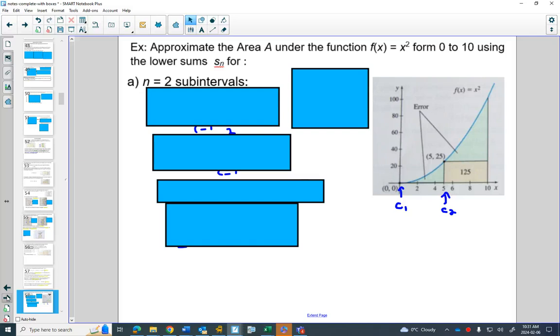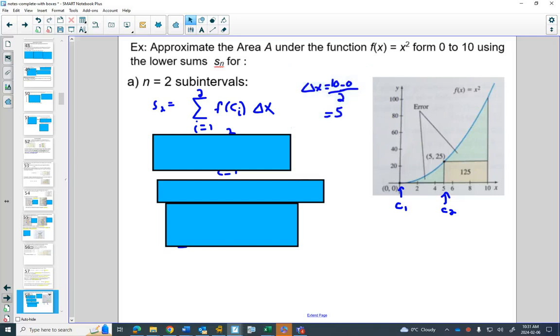So the area under this curve, we are first going to find a very bad lower estimate. Okay, can you see those two rectangles? No, you can see one. There's this rectangle here. There's one here where we use this minimum C1, and it's at 0. So if we were adding up the sum of two rectangles, in this case, since our value is from 0 to 10 and we have two rectangles, the bottom of each of our rectangles is 5.